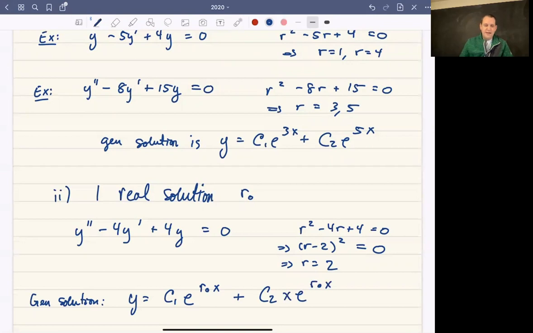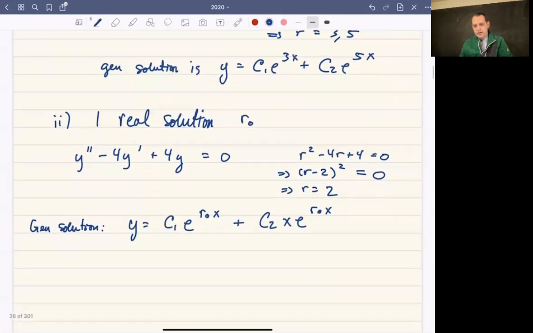But if you put an x in front, then they are linearly independent, and this turns out to satisfy the same differential equation. So for this particular example, you would end up with y equals c1 e to the 2x plus c2 x e to the 2x. And that's how you're going to find your general solution if you have just one repeated root.